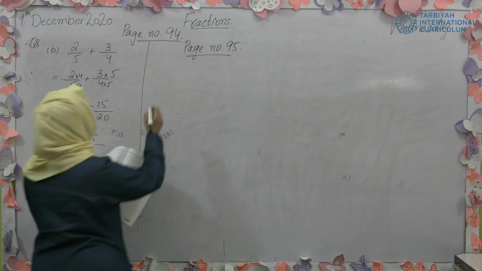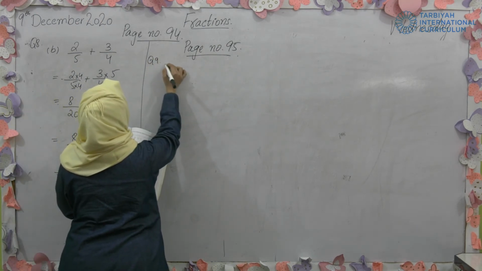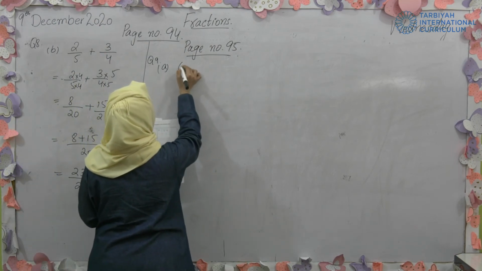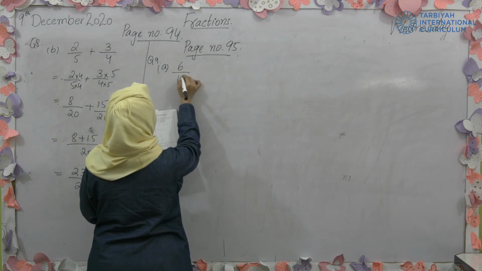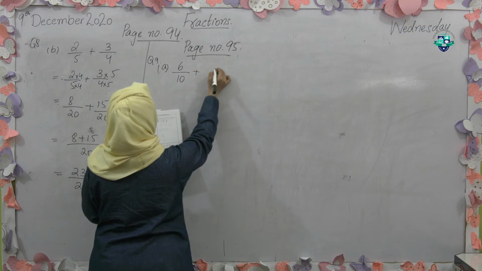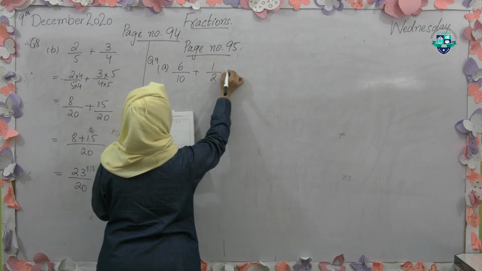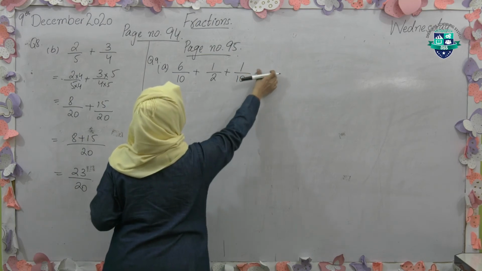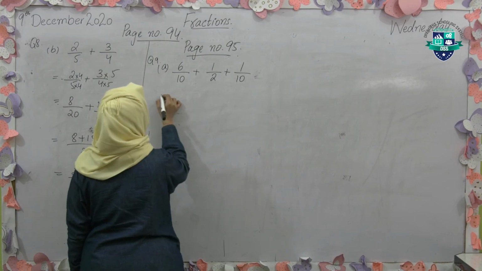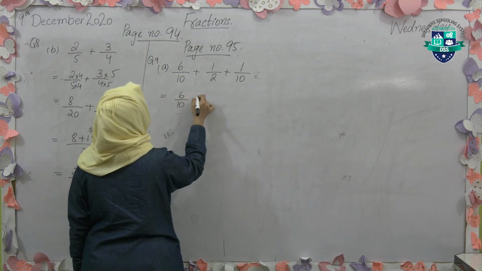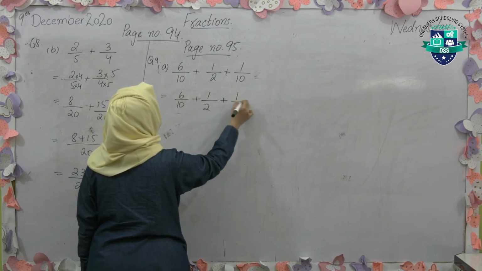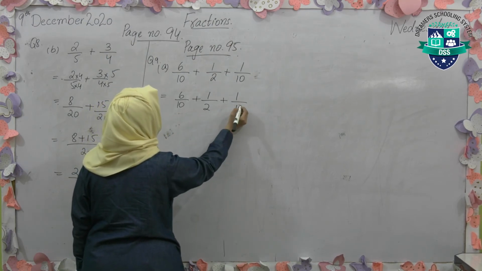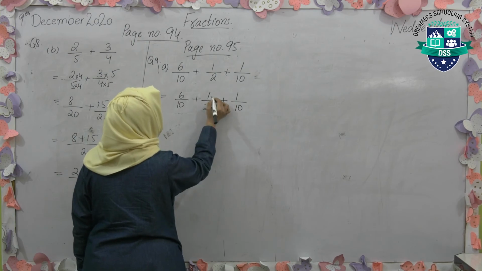Page number 95, question number 9, part A. 6 by 10 plus 1 by 2 plus 1 by 10 is equal to what? We have to make the denominator the same first. These two denominators are the same. Now we have to make 2 also into 10. 2 5s are 10.